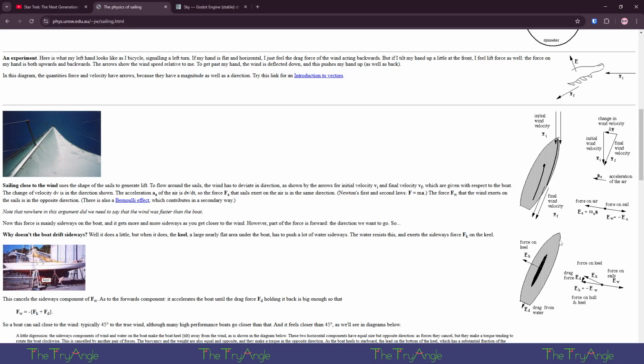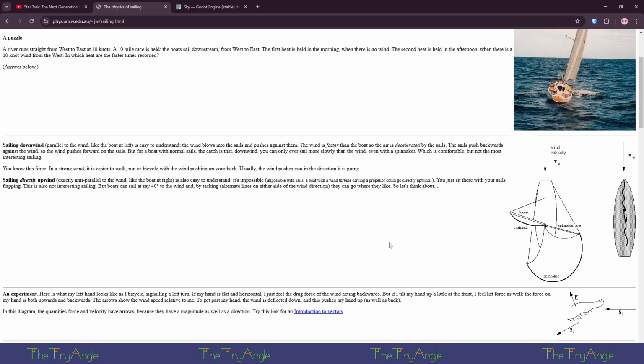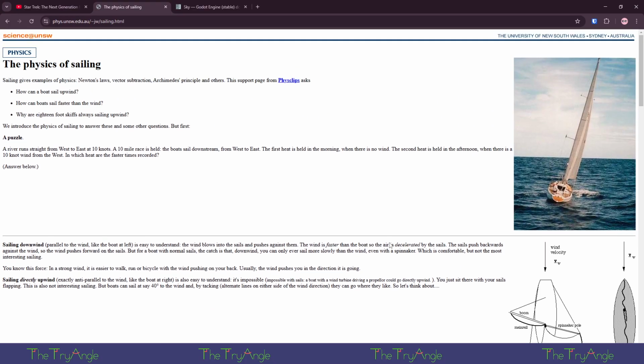What is that other one? Force on hull and keel. Oh, okay. Oh, I see. I mean, it's kind of there. Sail faster than the wind. Can they?